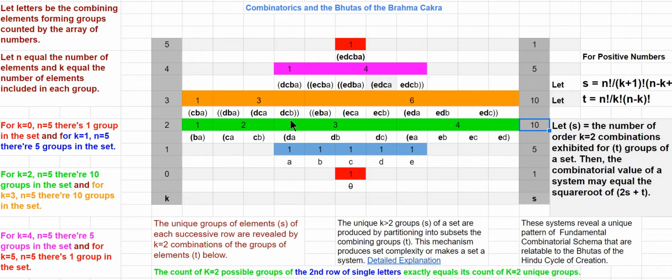For example, for the CBA, we have nothing to combine it with, so it cannot produce a k equal 4 order group. But for the 3, we also have a single group, DBA, starting with DB, and since it's only a single group, it can also not produce a k equal 4 order.